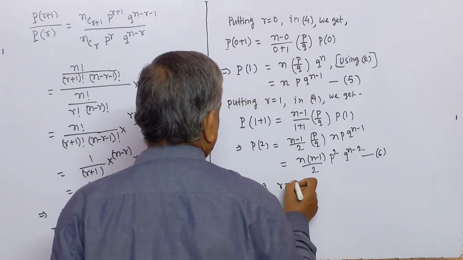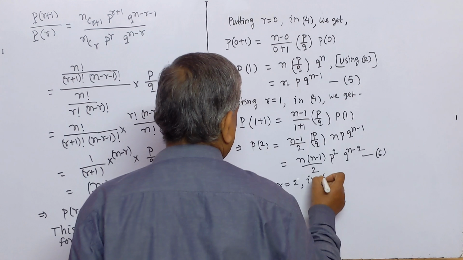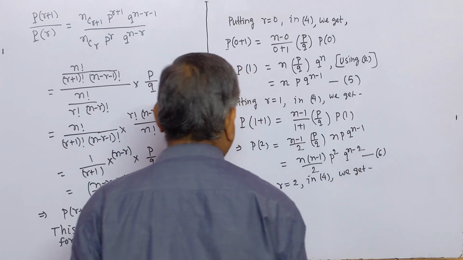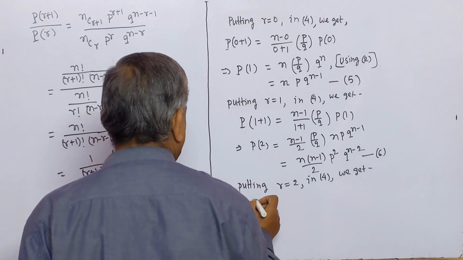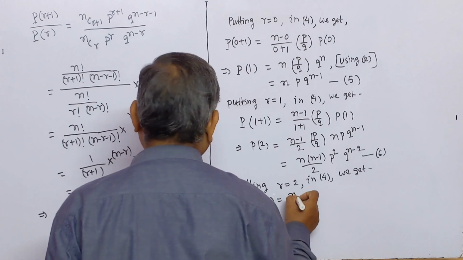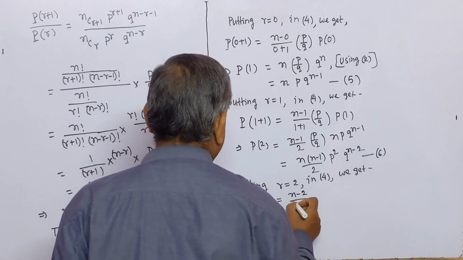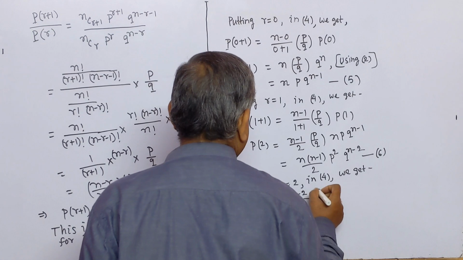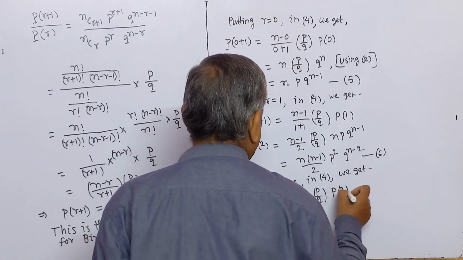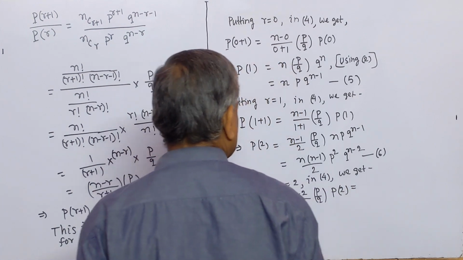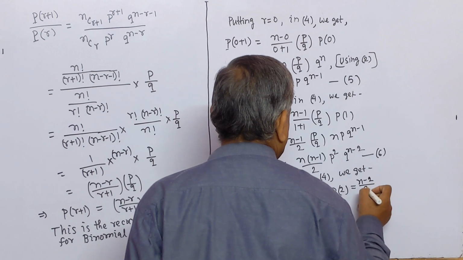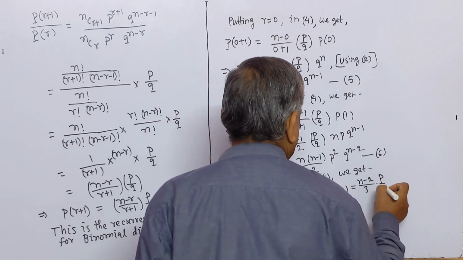Putting r equal to 2 in 4, we get P(2+1) equal to (n-2) by (2+1) p by q P(2). Here P(2) is equal to (n-2) by 3 p by q.